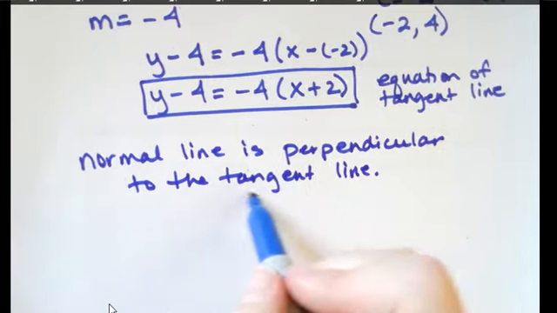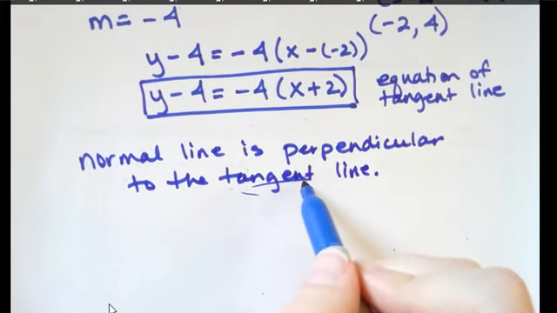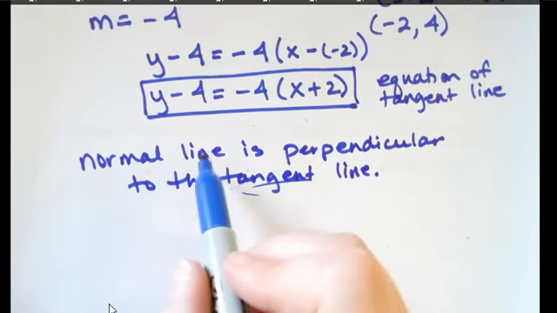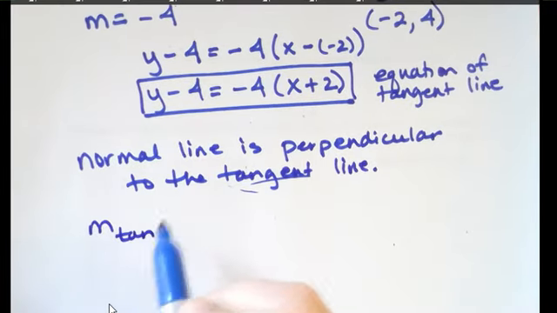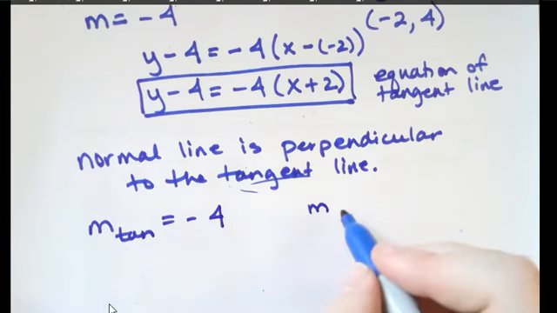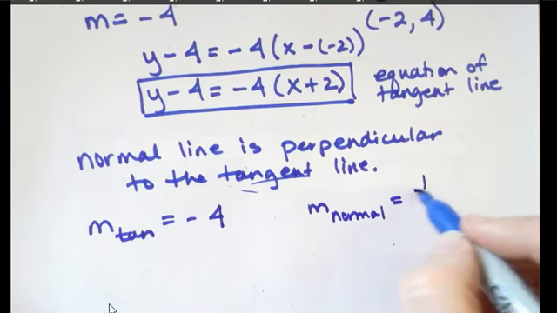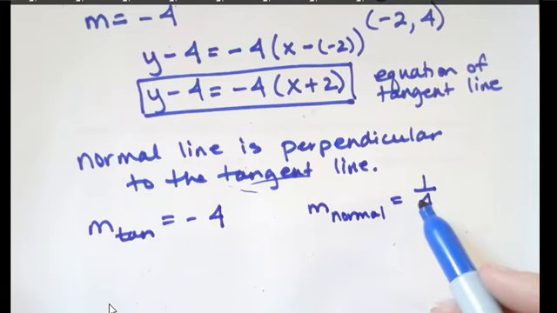So once I know the slope of the tangent line, remember that comes from the derivative, I can take the opposite reciprocal slope, and that tells me the slope of the normal line. So the slope of my tangent line was equal to -4. The slope of my normal line is going to equal a positive 1/4.